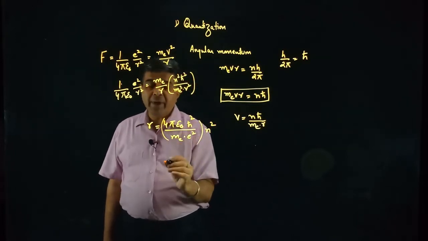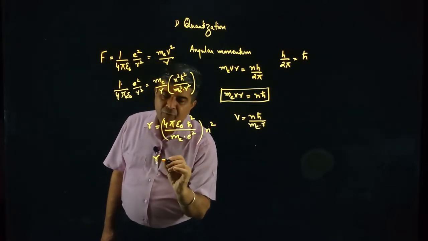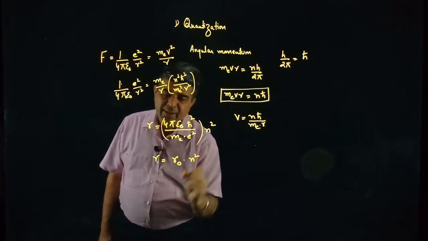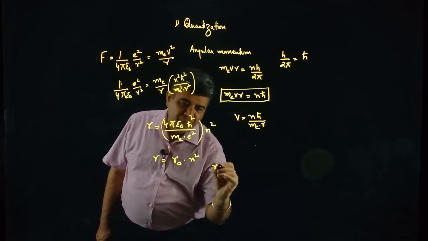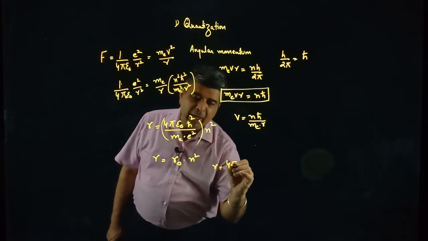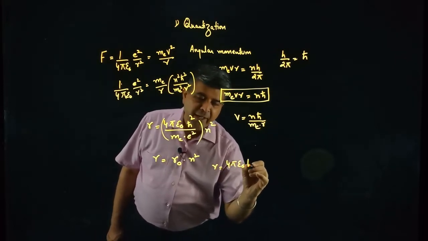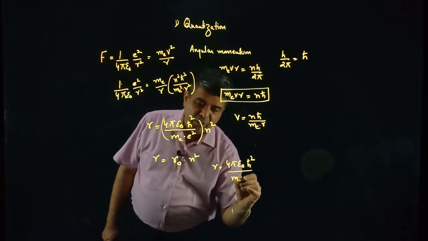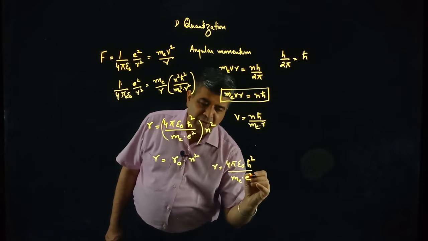Now this can be written as r would be r0 into n square, where r0 is 4 pi epsilon naught h bar square over mass of electron into charge of electron square.